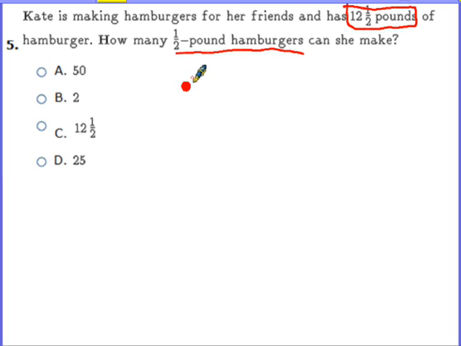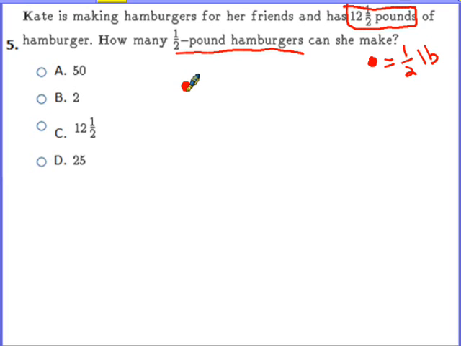And I'm going to have that equal half a pound. Okay? So I'm going to draw a little key up here. My little fake hamburger is going to equal 1/2 a pound. And I'm going to see how many of these little fake hamburgers I can draw until I equal 12.5 pounds.